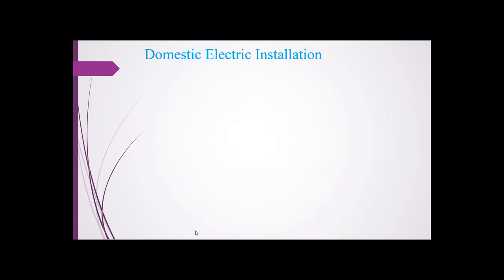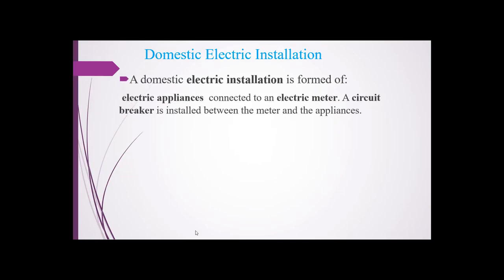So what are the characteristics of this domestic electric installation? So a domestic electric installation is formed of electric appliances connected to an electric meter, and a circuit breaker is installed between these two.